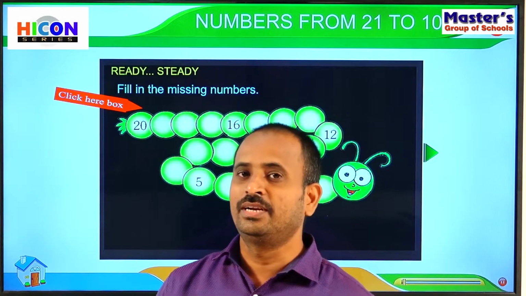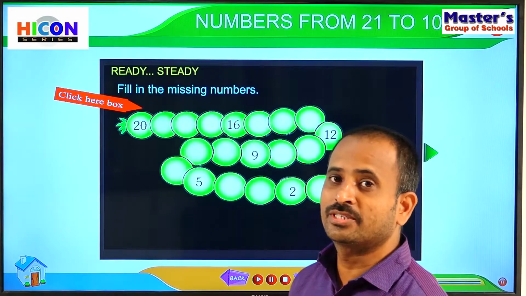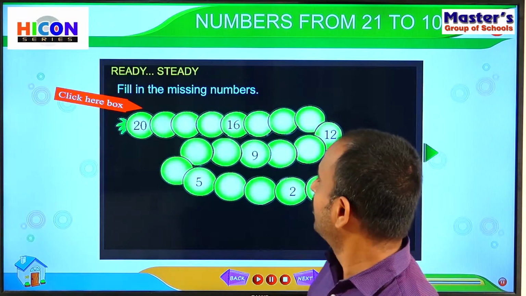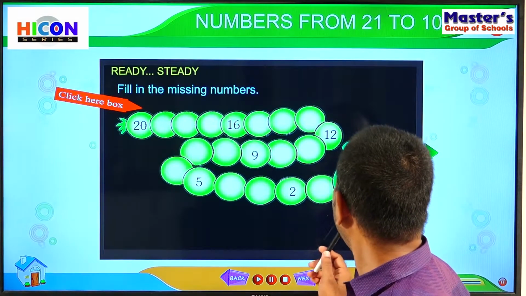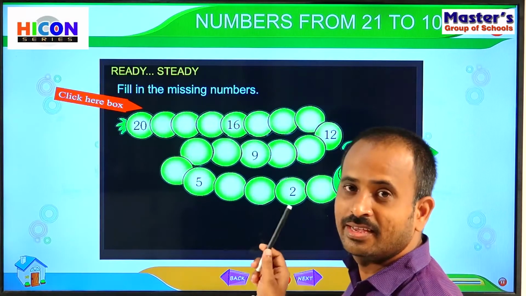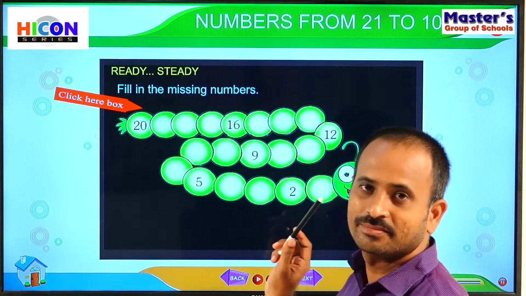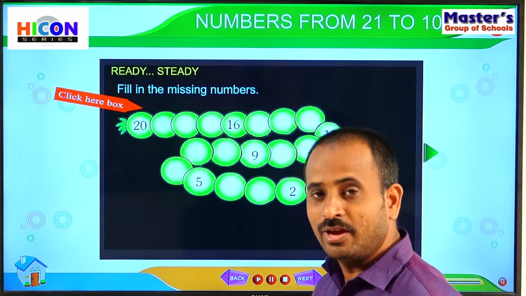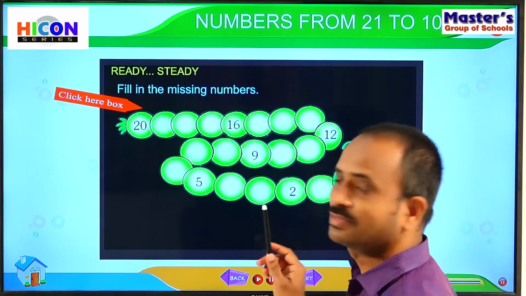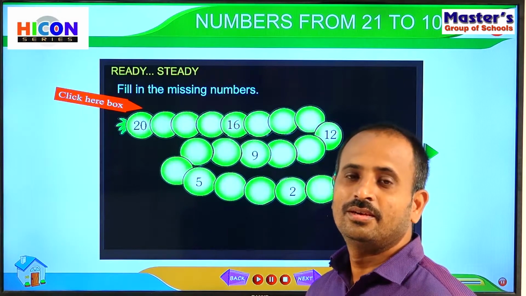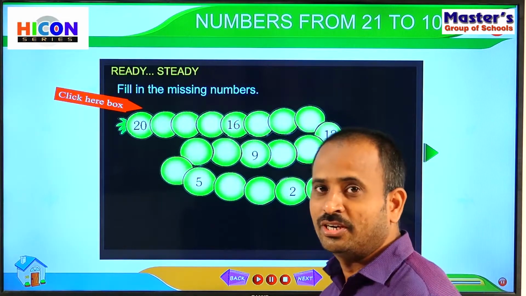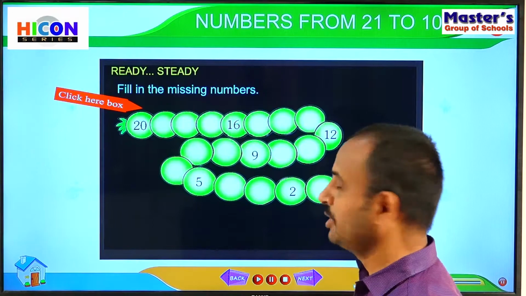So children, let us see how to write the numbers from 1 to 20. You are observing a caterpillar-like insect, and there are some missing numbers in its body. Our task is to complete these gaps with the numbers. Shall we start now?